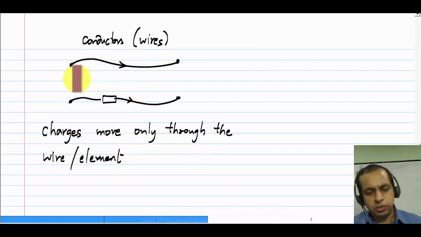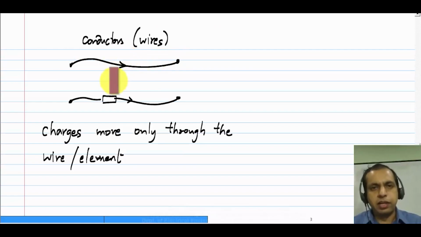And we'll concern ourselves with the total charge that is moving through the wire, okay, and we won't worry about exactly how it is distributed across the surface of the wire. Now there will be some advanced circuits in which this may be of concern, but most of the circuits can be dealt with by completely ignoring how the charges are distributed across the surface of the wire through which the charges are flowing, and considering only the total charge flowing through the wire. So like I said earlier, if you ignore the spatial extents of the problem, spatial distribution of charges or fields, things become immensely simple compared to problems in electromagnetics.